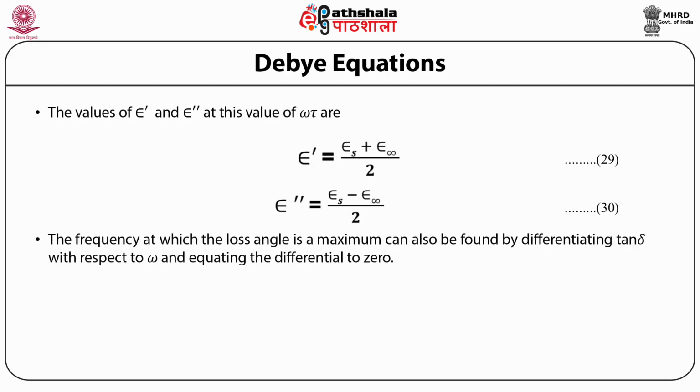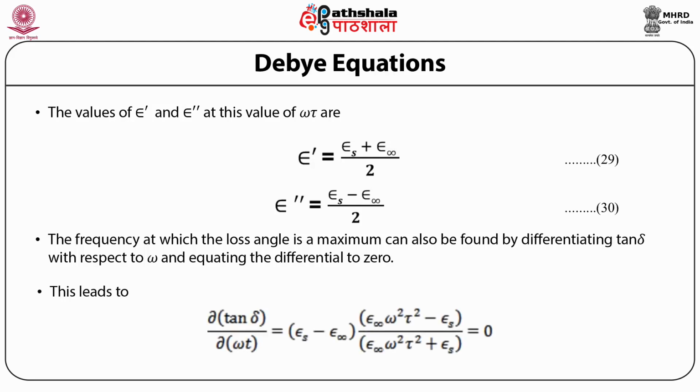The frequency at which the loss angle is a maximum can also be found by differentiating tan δ with respect to ω and equating the differential to 0. This leads to ∂(tan δ)/∂(ωτ) = (εs − ε∞)(ε∞ω²τ² − εs)/(ε∞ω²τ² + εs) = 0.